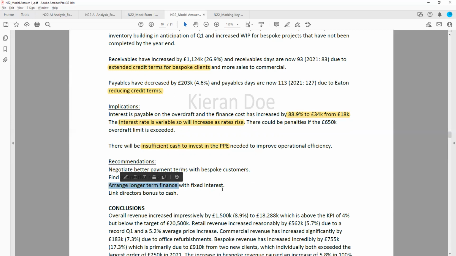It could be secured against some of the assets, and you get fixed interest as well to reduce the interest rate risk. You could also link directors' bonuses to cash. If you think back to the AI, they were all linked to profit and revenue, but none of them were linked to cash, and obviously cash is deteriorating.